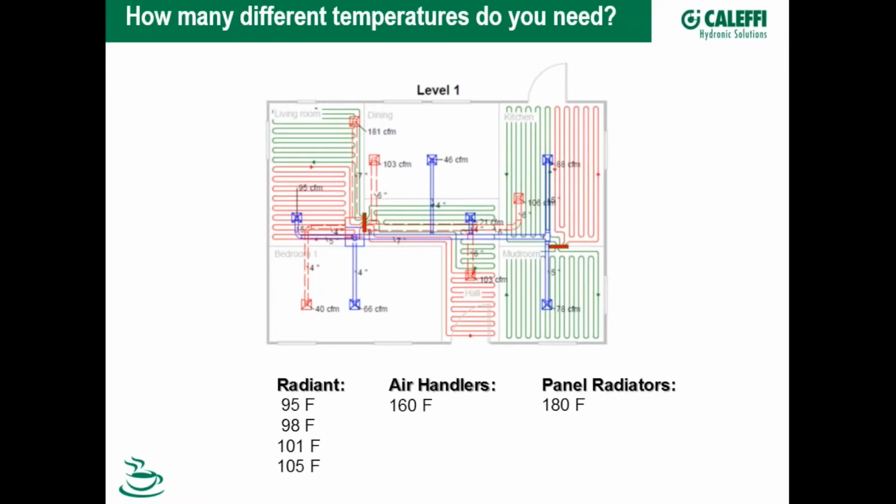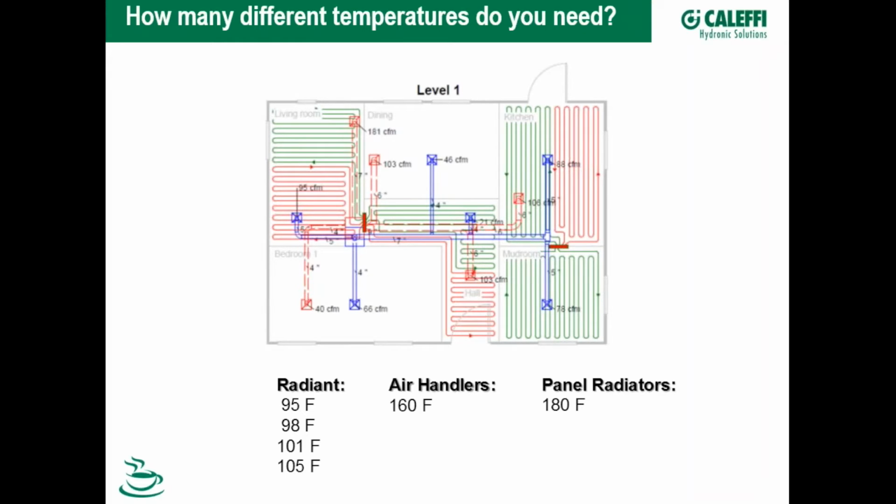Additionally, I'm doing some air handlers, and the air handler manufacturers seem to have a lot of their charts sized at 160 degrees. And, oh yeah, on the second floor, I'm going to do panel radiators, and the panel radiators should be sized at 180 degrees. So I've had times in the past where somebody says, can you design me a system with 6 mixing valves to deliver all of those temperatures? And my question really becomes, do you really need that number of temperatures?